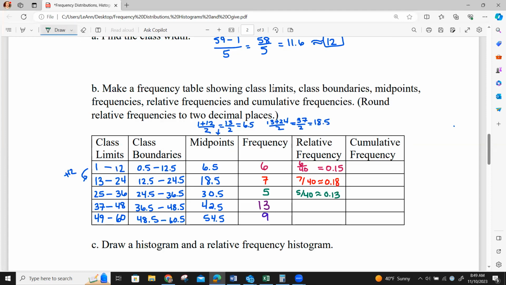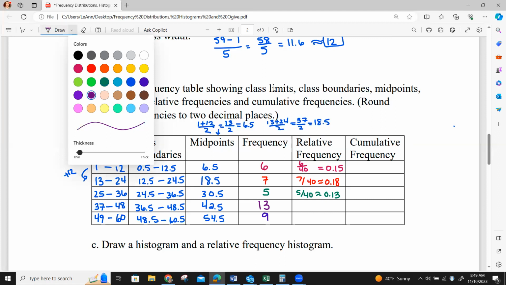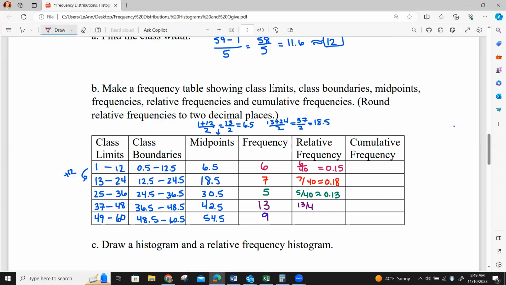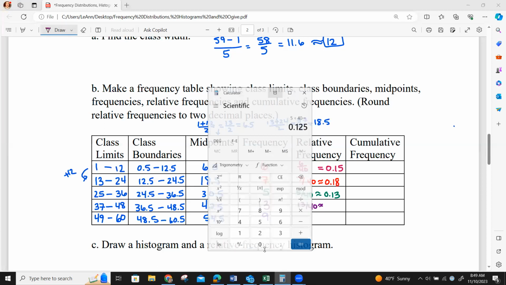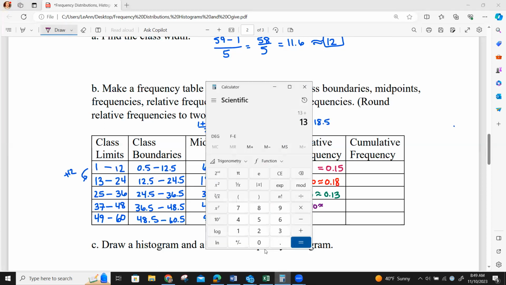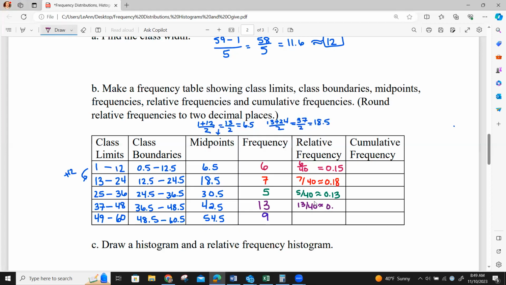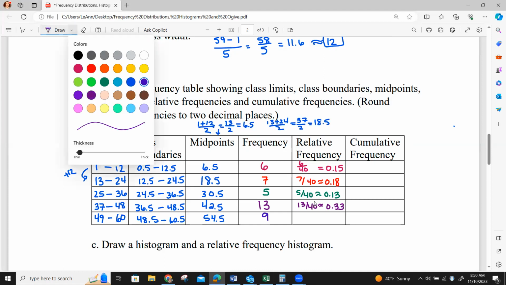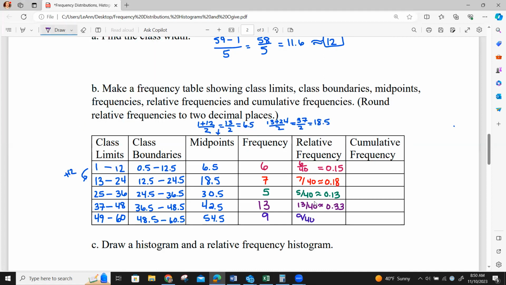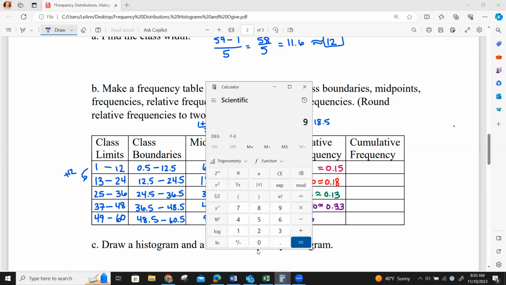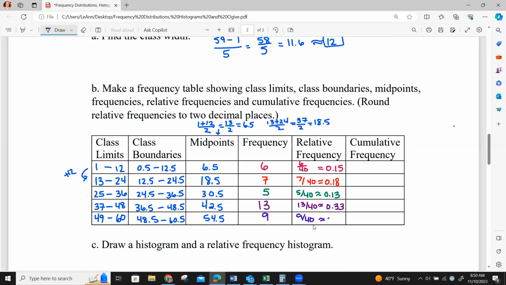Then we're going to do 13 divided by 40. So 13 divided by 40 is about 0.33. And then 9 divided by 40. So this will be our last relative frequency. So that's about 0.23.